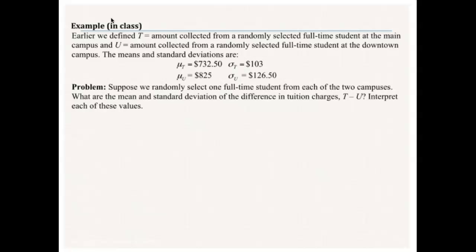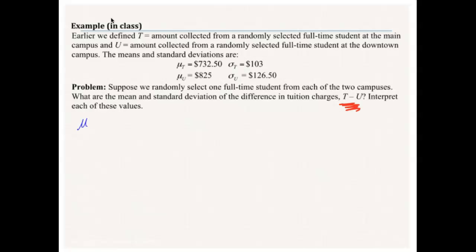So now we're looking to combine, but through subtraction. So let's compute the mean and standard deviation of that. They've named the tuitions mu of t, mu of u.